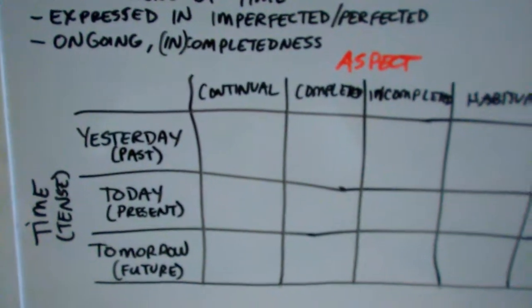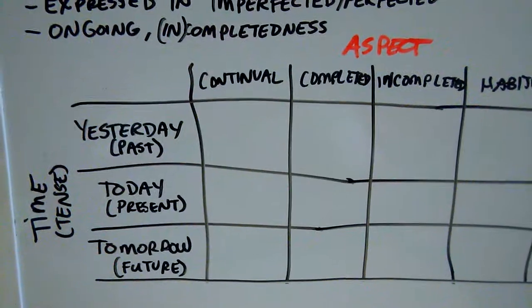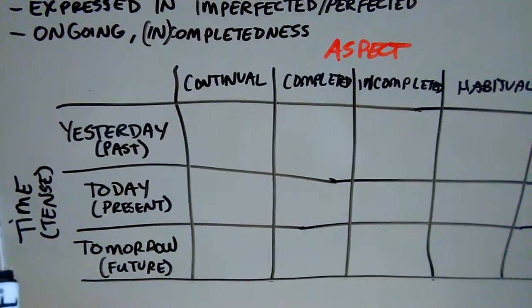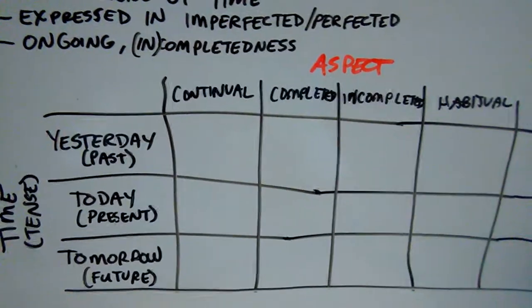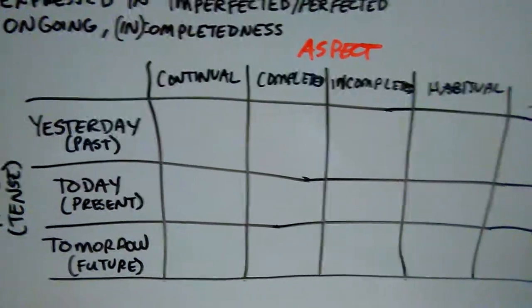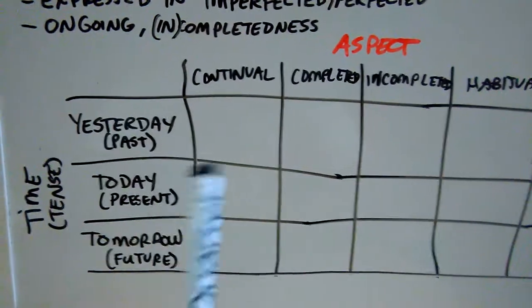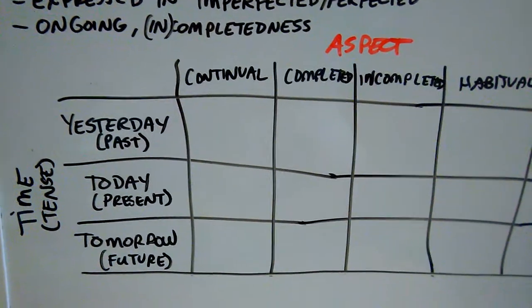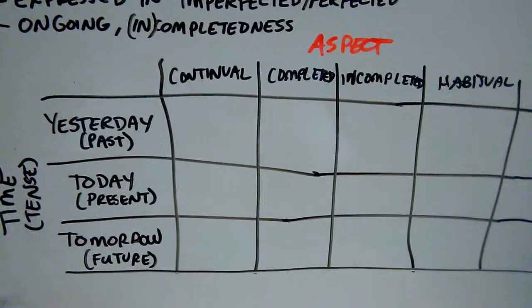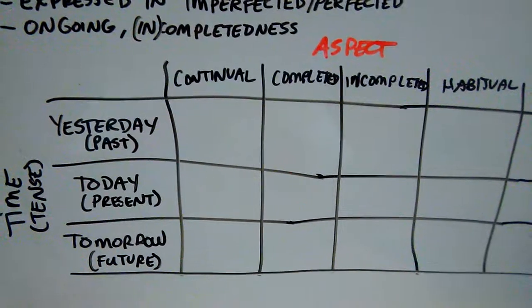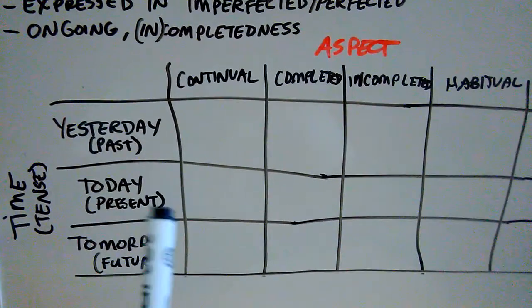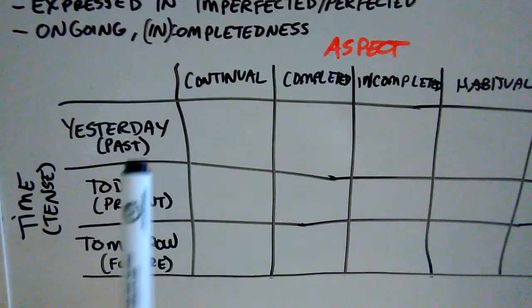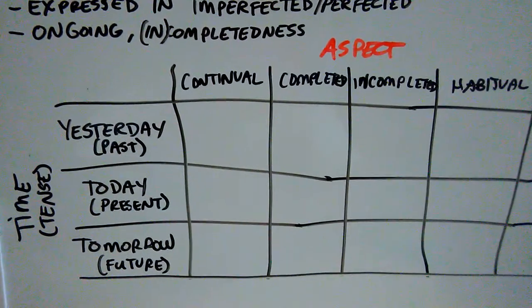Sometimes when we express a verb in conversation, it either happened yesterday, is happening today, or will happen tomorrow. So let's call those the past, the present, and the future, right? We're just expressing an action, and we can express it in the future tense, the present tense, or the past tense.